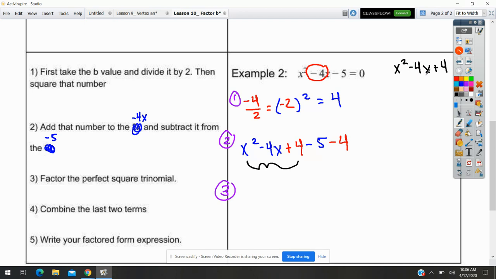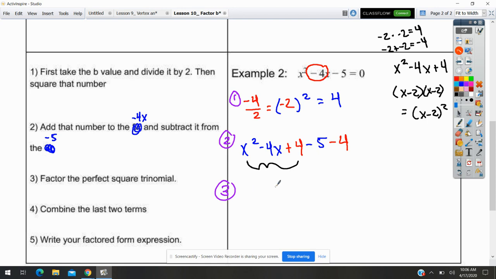But the middle term is negative 4. So that means it's going to be negative 2 and negative 2, because negative 2 times negative 2 equals positive 4. And when we add them, we get the negative 4, which is our middle value. So this is x minus 2 times x minus 2, which is the same thing as x minus 2 squared. So that's what our perfect square trinomial is going to be.